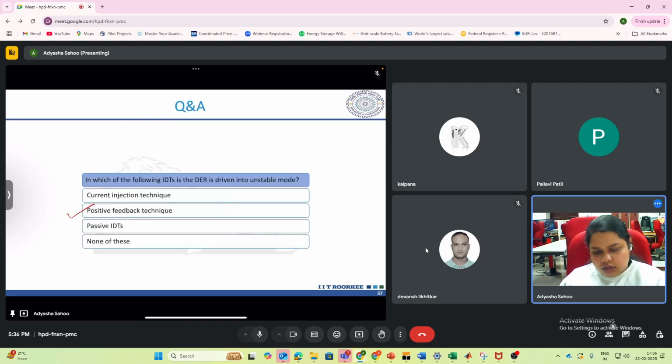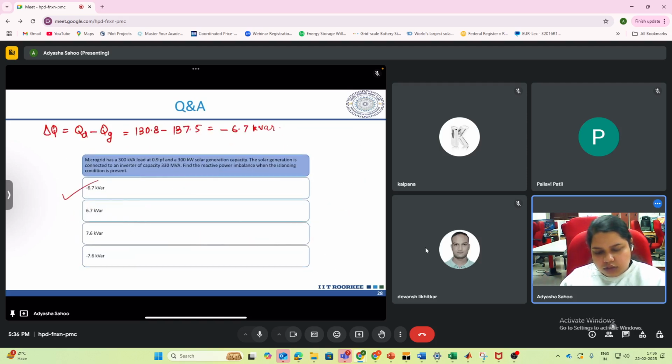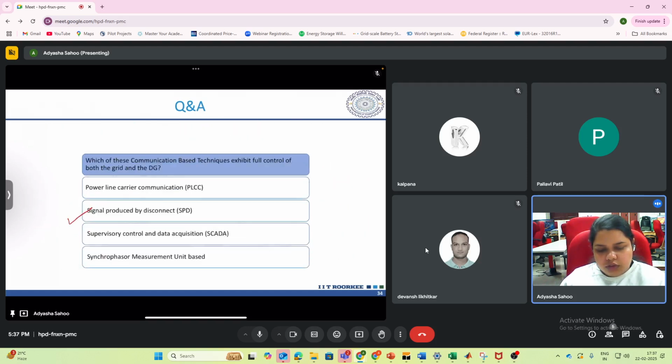As we have seen in one of the questions on this mismatch, there was a solar connected to an inverter, right? Why is it so? Why do we need an inverter?